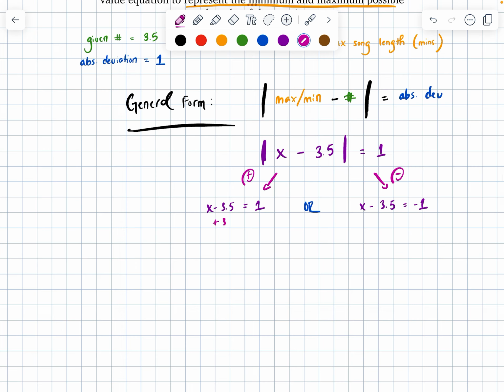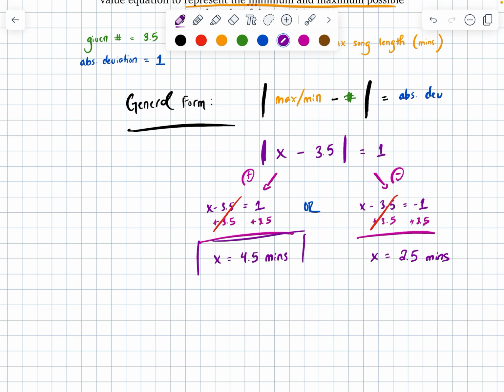And if I want to get the variable by itself, all I need to do is add 3.5 to both sides. On the left, doing so gives me a value of x equals 4.5 minutes. Or on the equation on the right, if I add my 3.5 there, in this case, x would be equal to negative 1 plus 3.5, which is the same as 3.5 minus 1, which is 2.5 minutes.